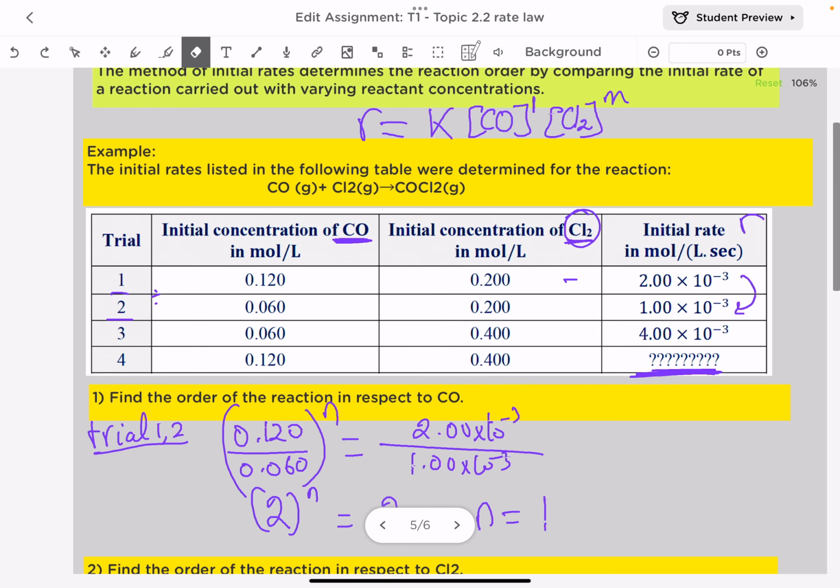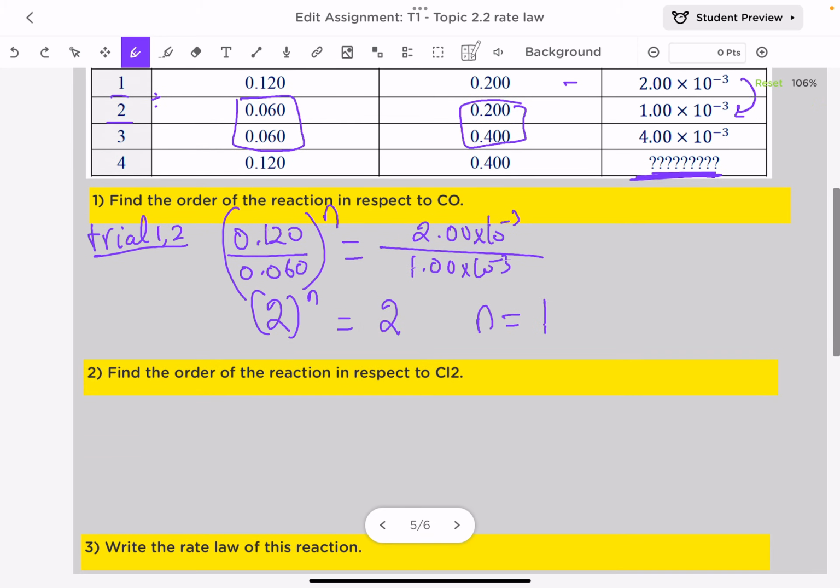So let's stick to trials 2 and 3, where the concentration of Cl2 changed and the concentration of CO remained constant. So trials 2 and 3.